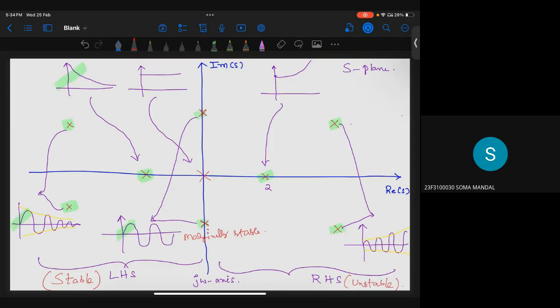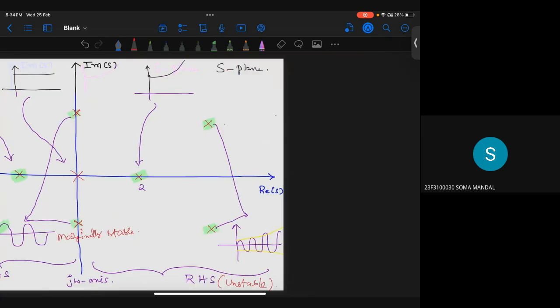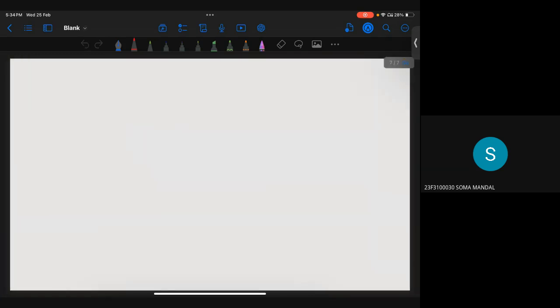Okay, so that is how from the transfer function we find the poles and zeros, and based upon the pole locations. So for example, let's say we have the transfer function (s plus 2) by (s plus 3)(s minus 1).